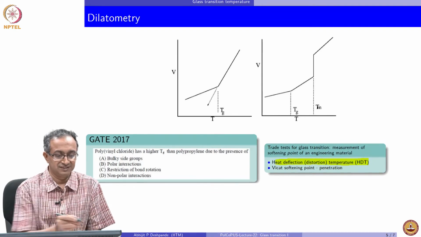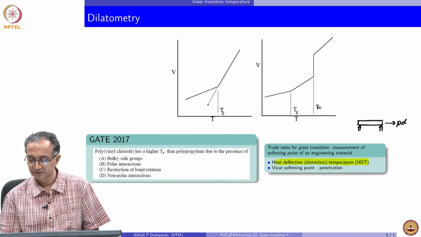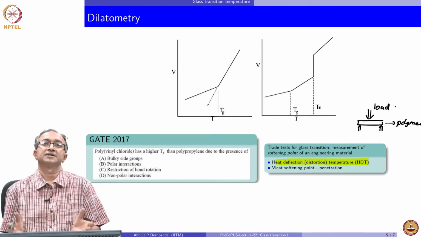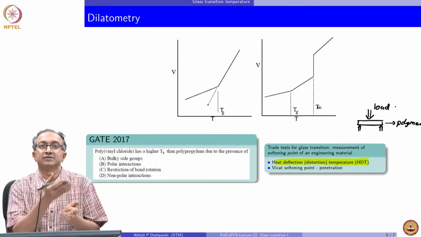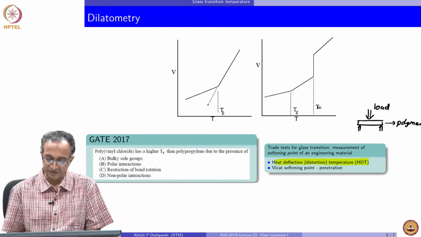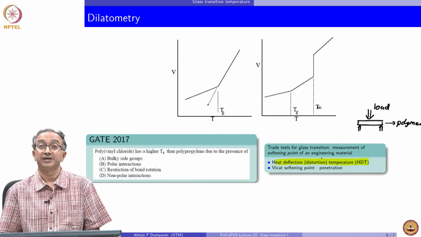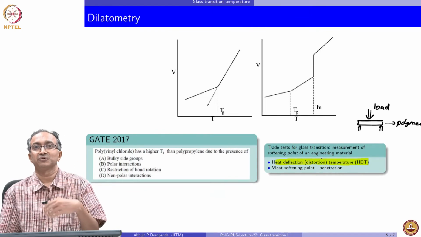What is done in this case is you can just take the sample and apply some load on it. So, this is the polymer sample, and a certain load can be applied on it, and one can start heating the sample, and we can see at what temperature the polymer sample starts deforming, and that is why it is called heat deflection or heat distortion temperature, at which there seems to be a significant amount of distortion.